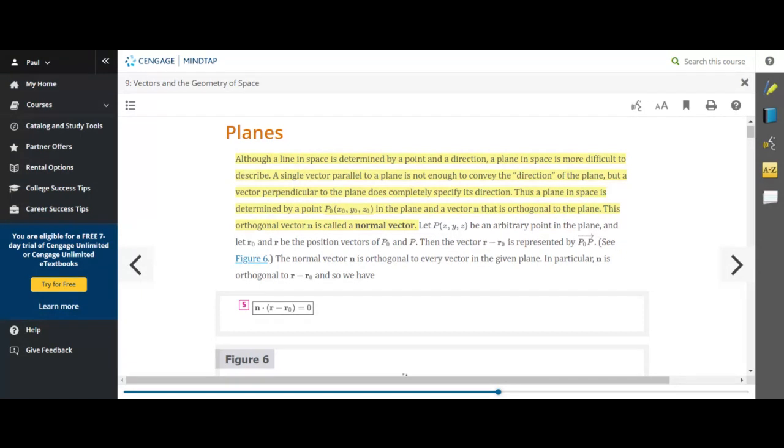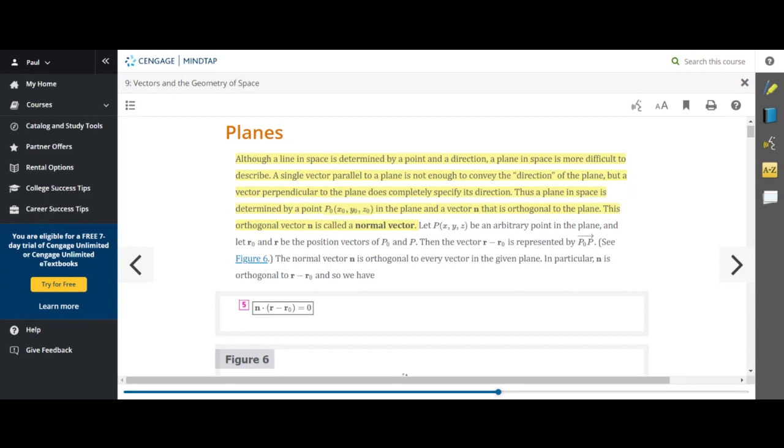Now, if I have a vector that's perpendicular to the plane, then the vector determines the plane's direction, because if this orthogonal or perpendicular vector changes, the plane changes. So the vector perpendicular to the plane specifies the direction that the plane goes in.